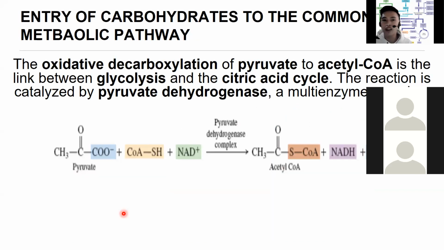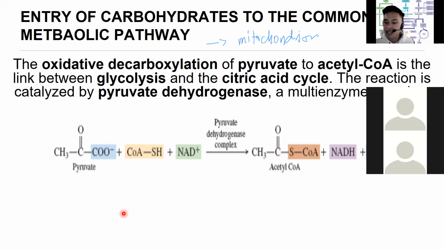So this is how pyruvate enters the Krebs cycle, class. It undergoes oxidative decarboxylation. This occurs in the mitochondrion. The activation of pyruvate to acetyl-CoA occurs in the mitochondrion.